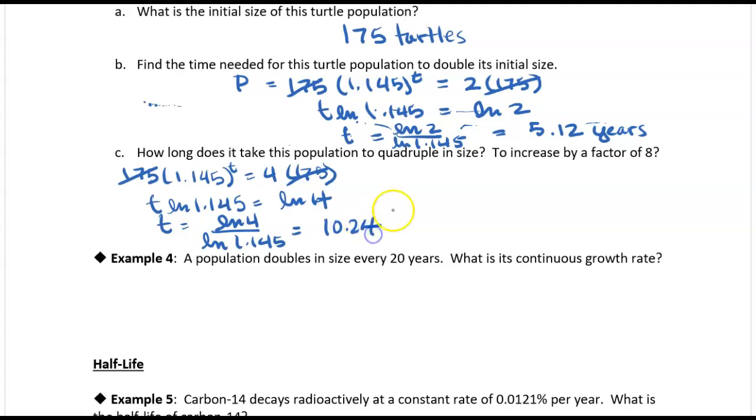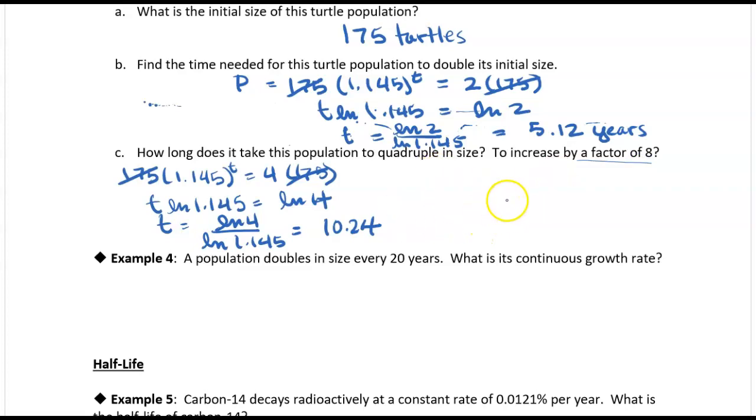That makes sense, because after another 5.12 years our population has doubled again. So that means it's quadrupled. It's doubled twice. If we want to know how long it takes to increase by a factor of 8, that's just another doubling. We're doubling the quadruple size.